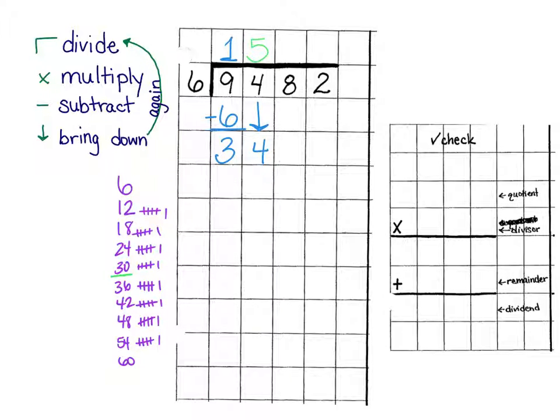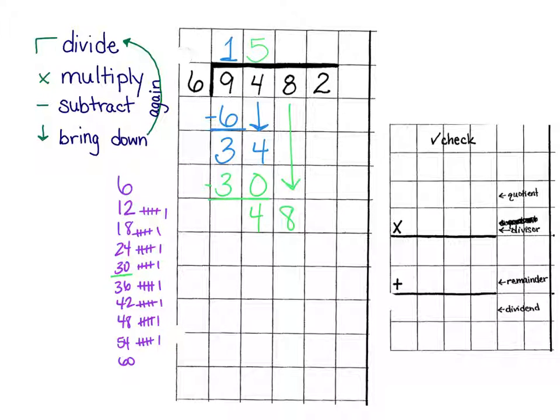Let's multiply. 5 times 6 is 30. Now that we've multiplied, let's subtract. 34 minus 30 equals, so first we do 4 minus 0 is 4, and 3 minus 3 is 0. Now that we've subtracted, let's bring down. Bring down the 8. Now we have 48.